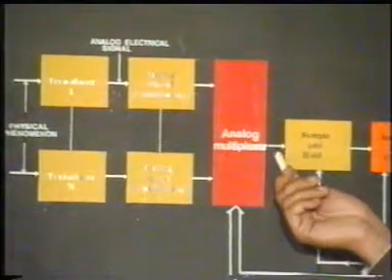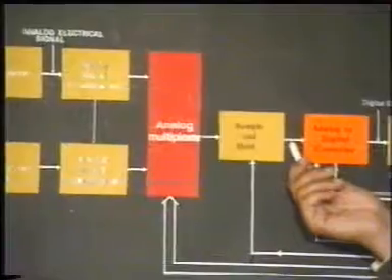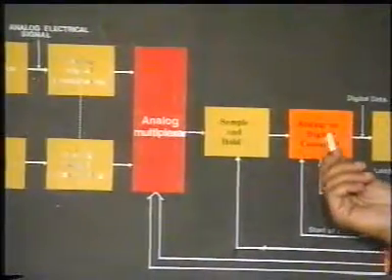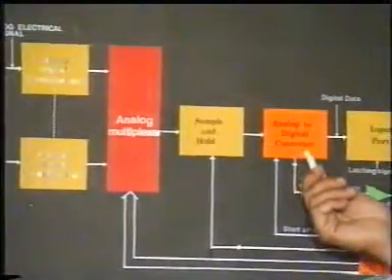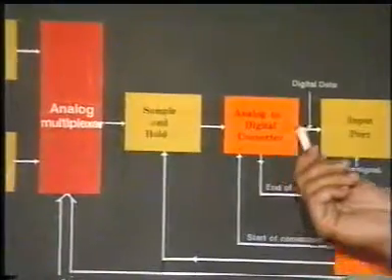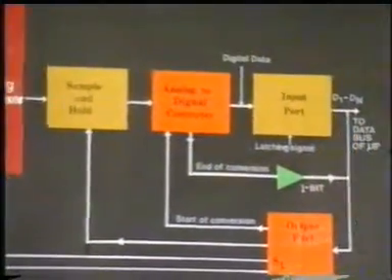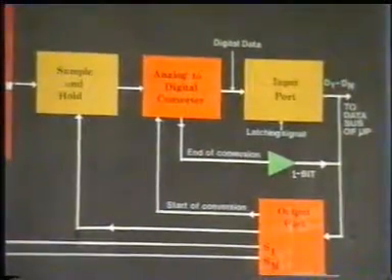This single line is sampled by the sample and hold circuit, which holds a constant analog value at the input of the analog to digital converter. The analog to digital converter converts the signal into the digital form, which can be stored into a port from where the microprocessor based system can use it.